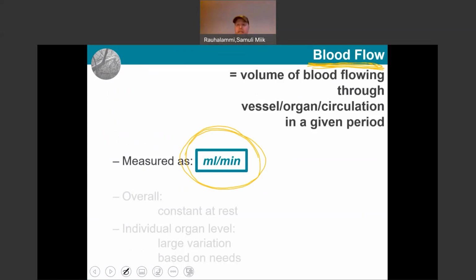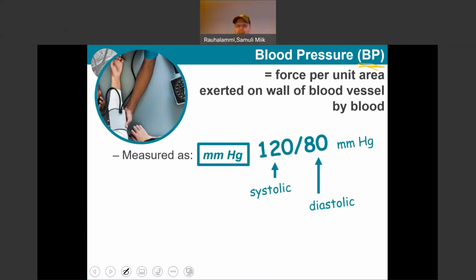Another measure that's going to be important is our blood pressure, often abbreviated as BP in our medical notes. So this is really the force that's pushed by the blood against the blood vessel walls. So there's a certain amount of force that blood pushes against the vessel walls, and this force is what we know as blood pressure.